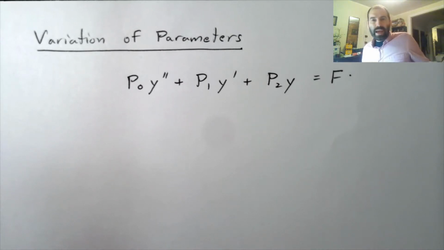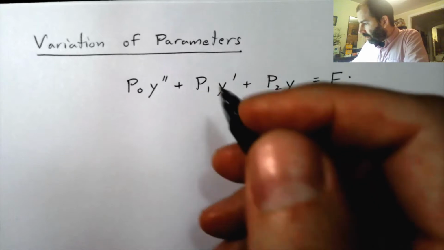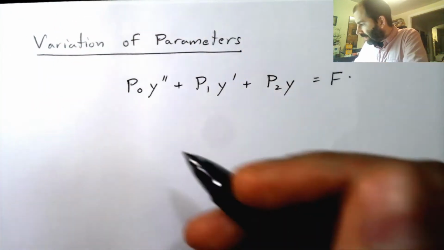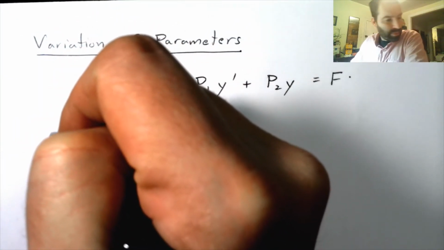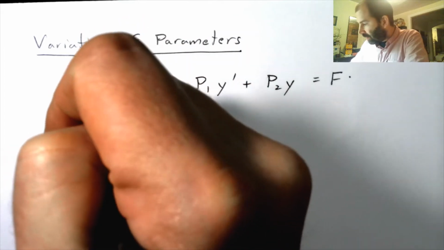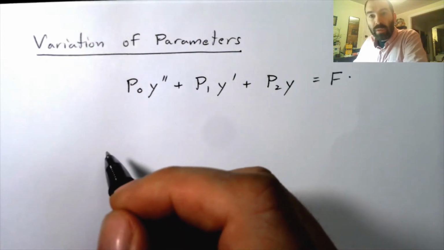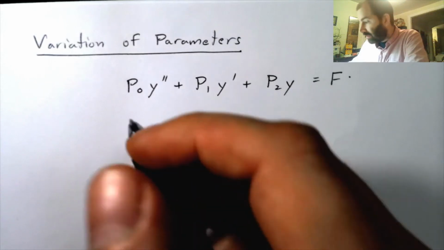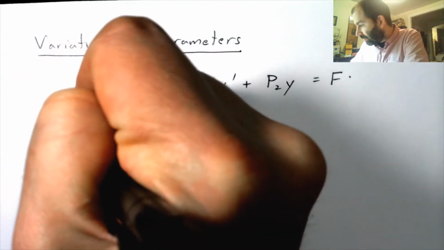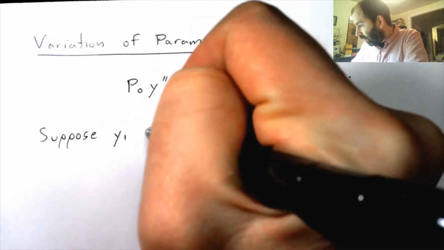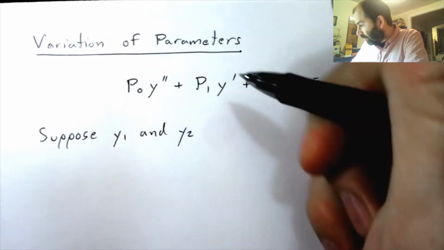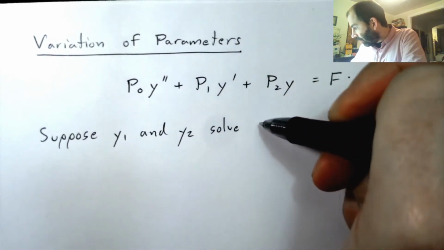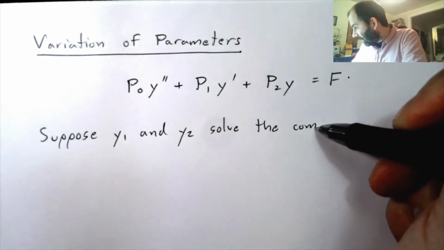Okay, so the idea here is that we want to find a solution, and suppose we know that y1 and y2 are two solutions to the complementary equation.